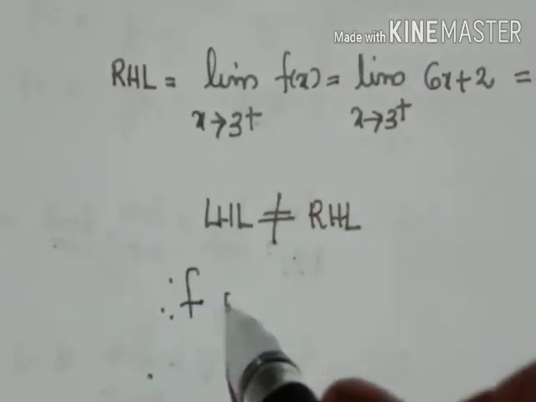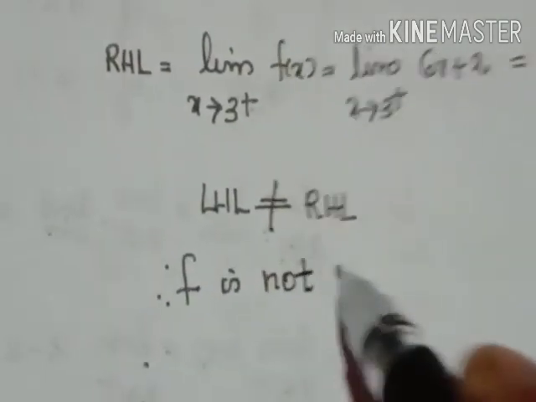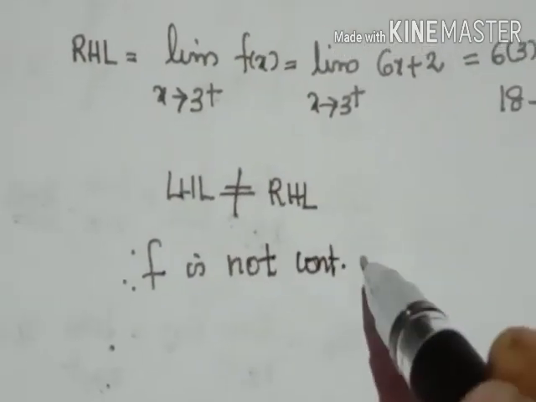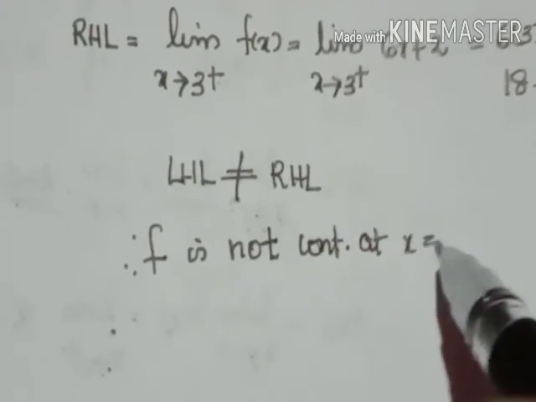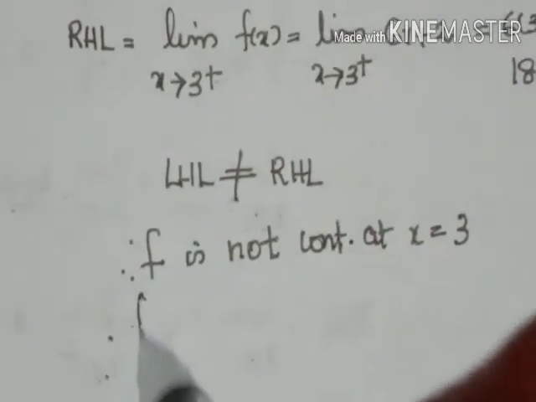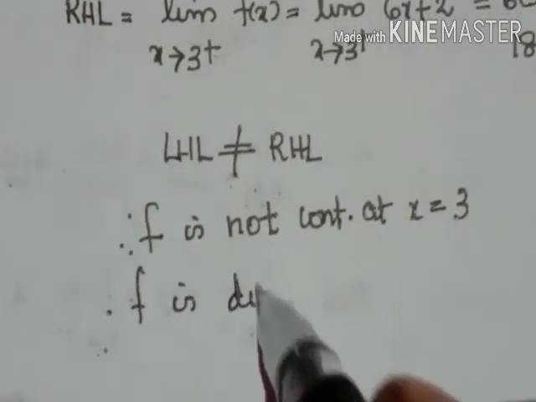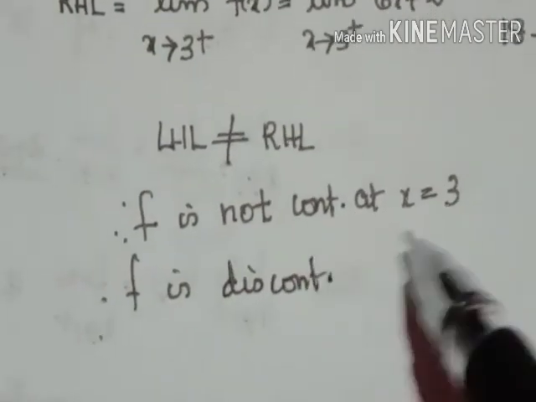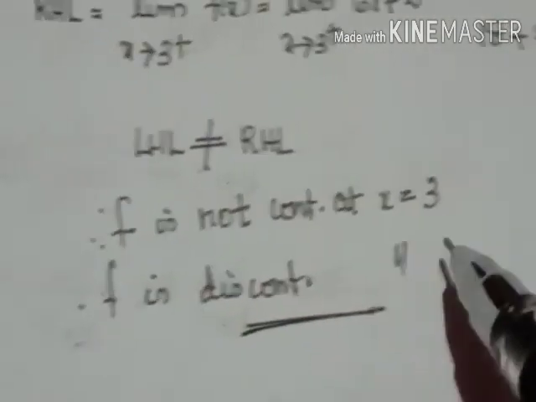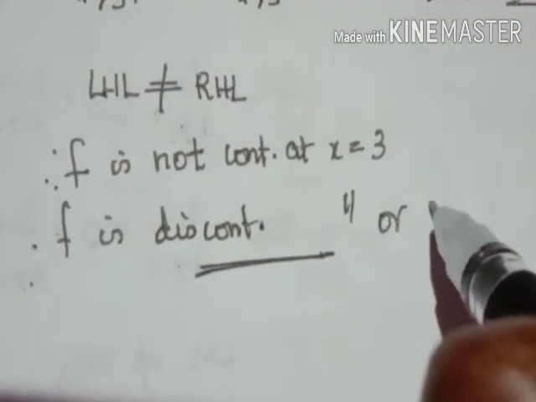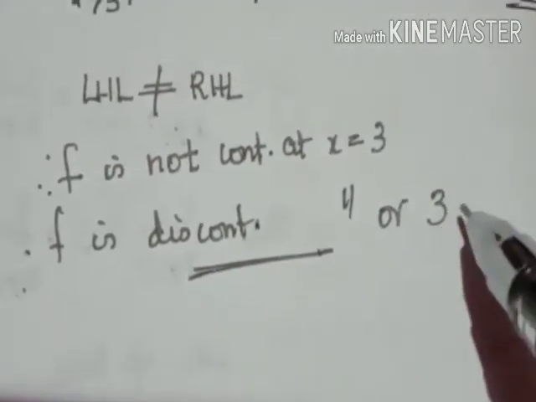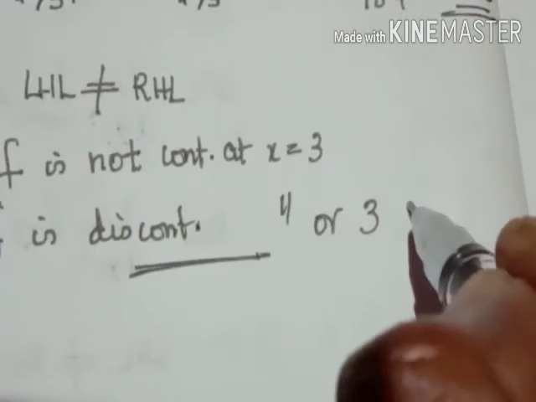Therefore, the given function is not continuous at the point x equal to 3, or f is discontinuous at the point 3. In other words, we can say that 3 is the point of discontinuity.